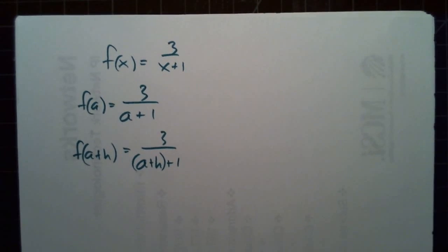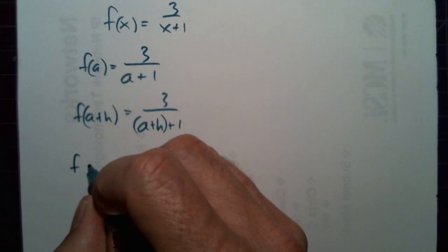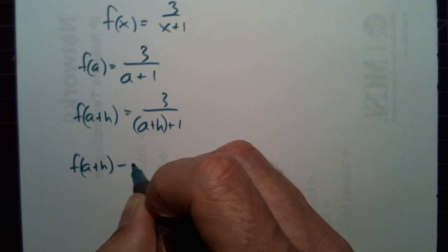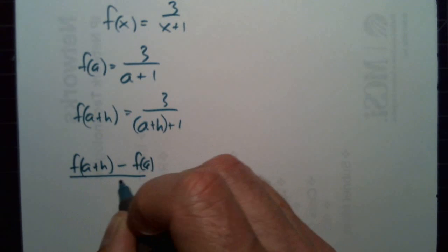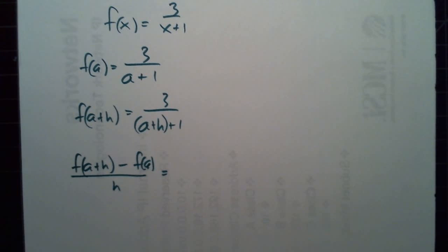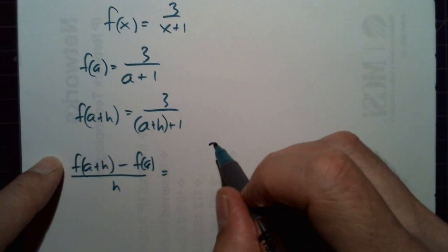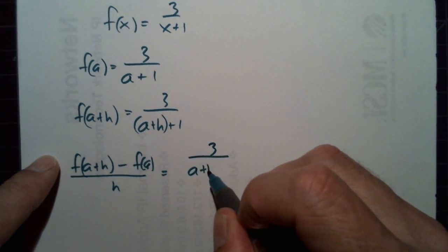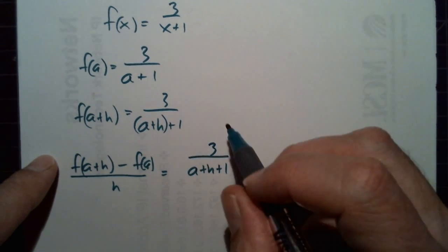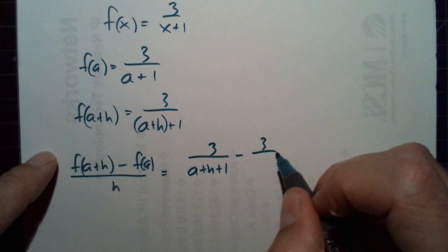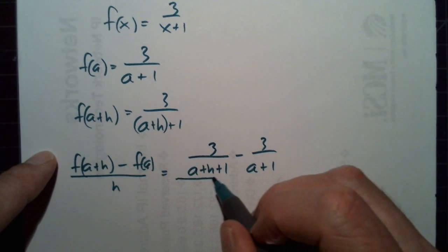And then we have f of a plus h minus f of a over h. So we have 3 over a plus h plus 1 minus 3 over a plus 1.